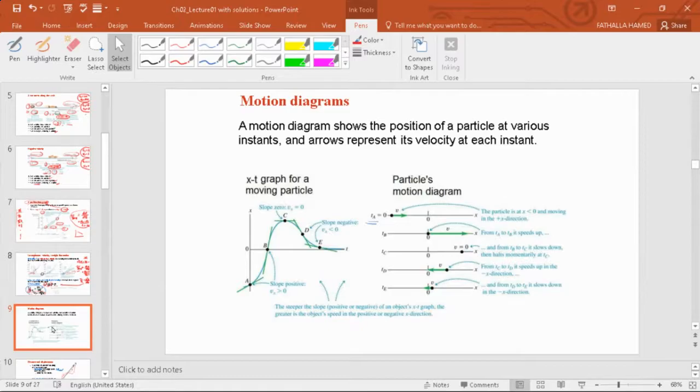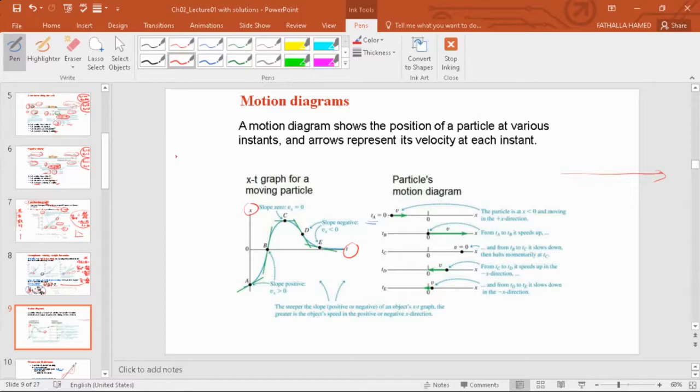In this graph here, now we're going to deal with instantaneous. So they give us an x-time graph. Now your x could be positive or negative. Many of you are familiar with x always in this direction, but here we put it vertical. That's fine, I can make it this way.